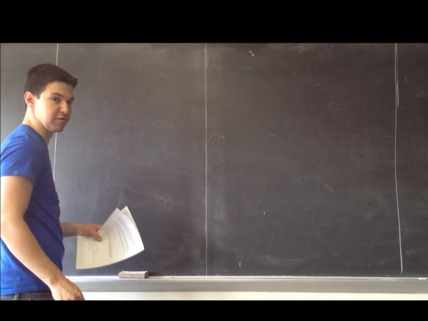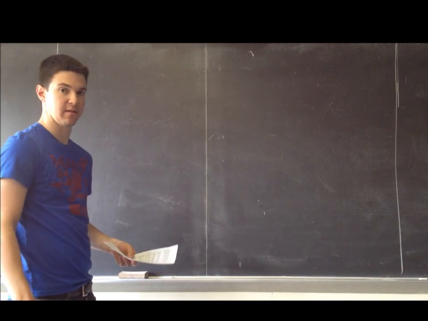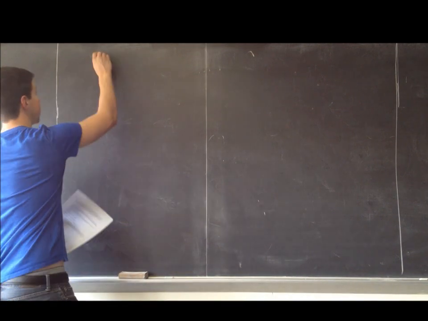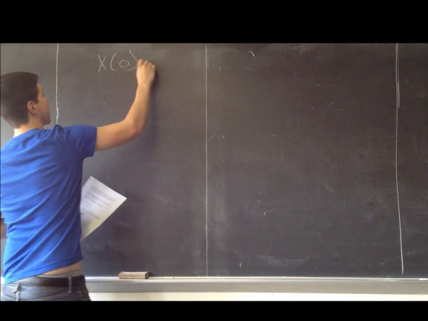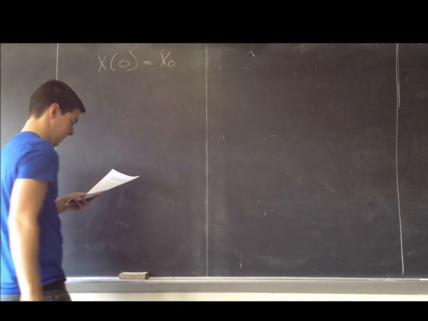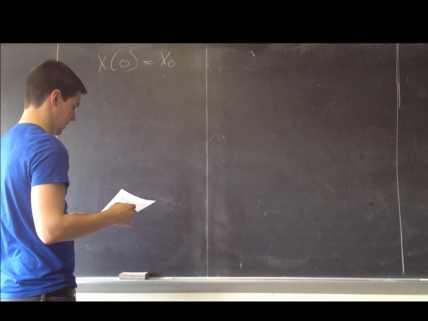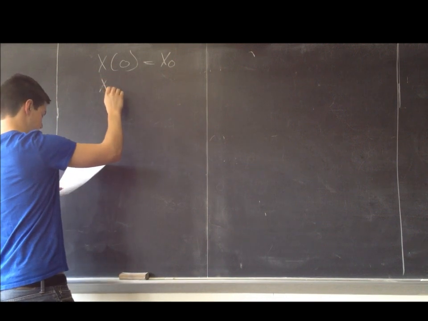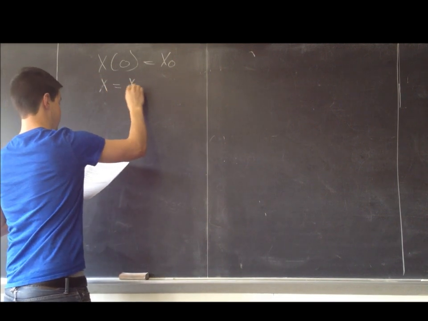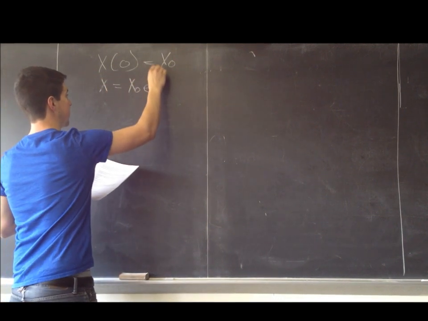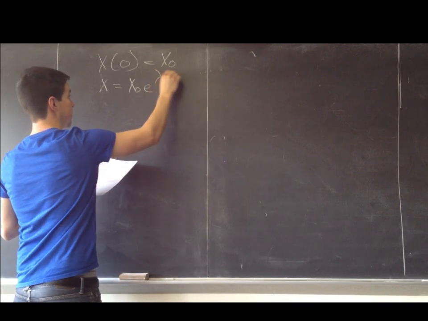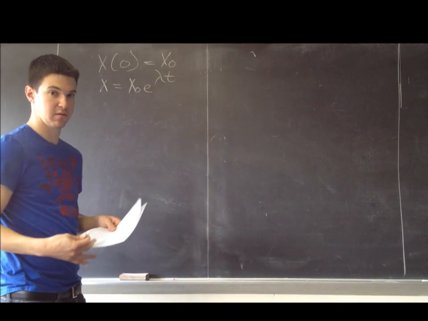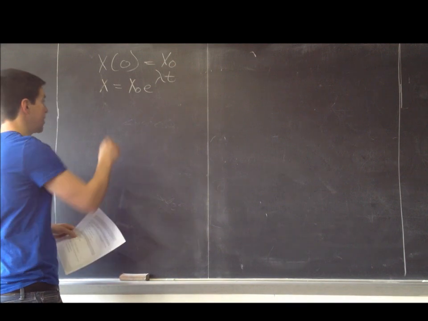Alright, so first thing we need to assume is that x at time 0 equals x naught. We also assume that x equals x naught e to the lambda t. It's the response of a system like this.